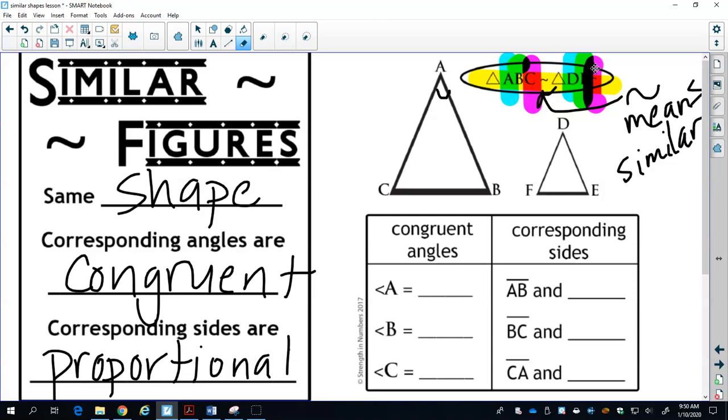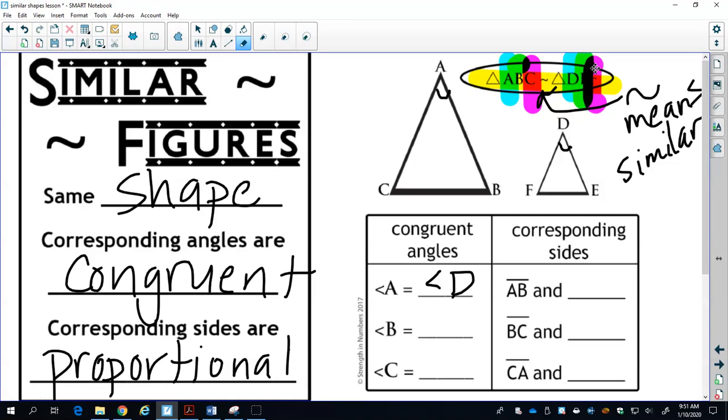So angle A goes with angle D. See how I made the little curved line on both of them? Because there's one curved line at A and one curved line at D, that means they're congruent, so you can match them up. So down here, based on those symbols, we can determine that angle A is congruent to angle D. The symbols dictate which angles go together.